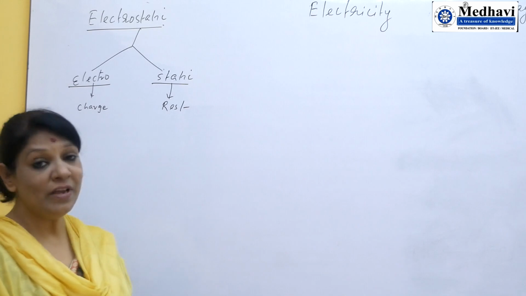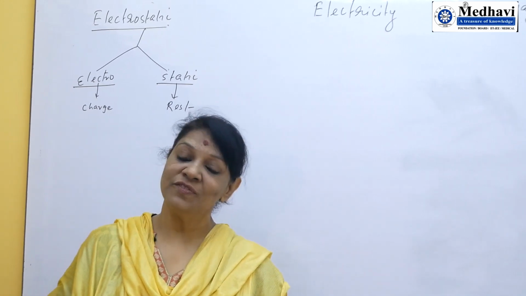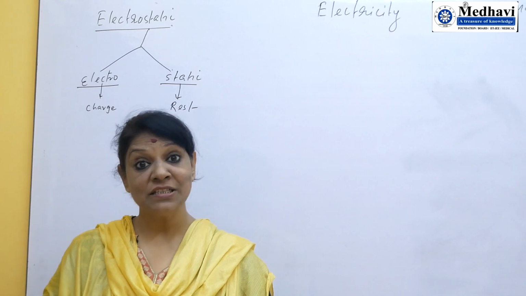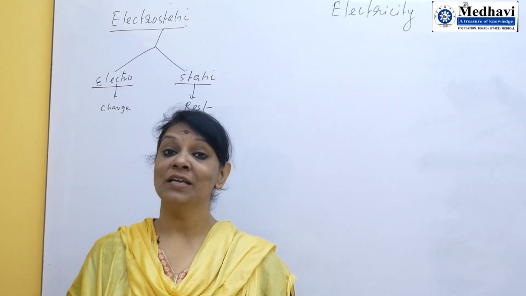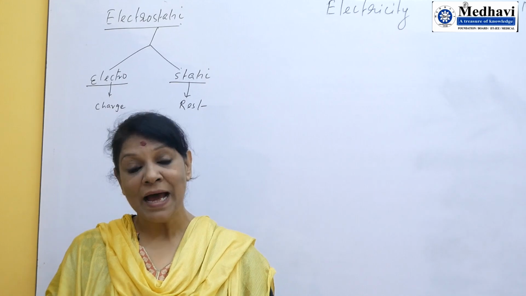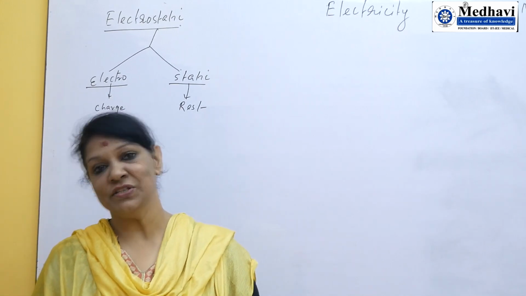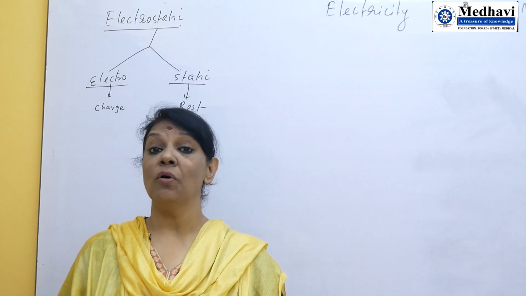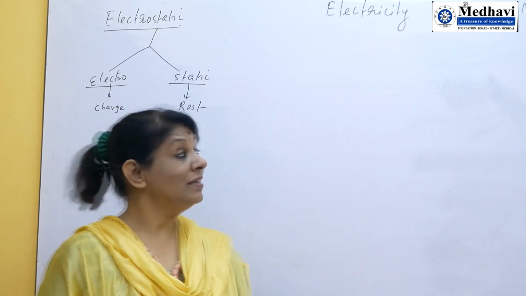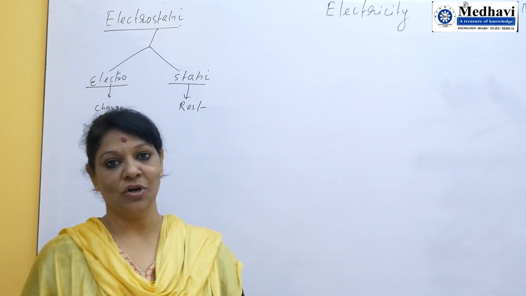So, here we need to focus on important features of the charge. There are some important properties of the charge, and due to these properties, this branch, electrostatics, has developed as a new branch of physics. So, basically, what are the important properties that we need to study in this topic?